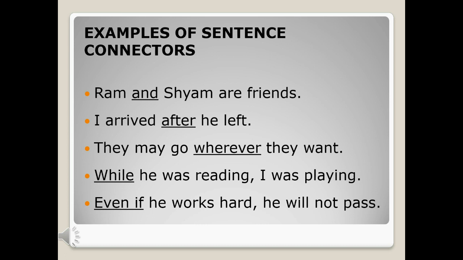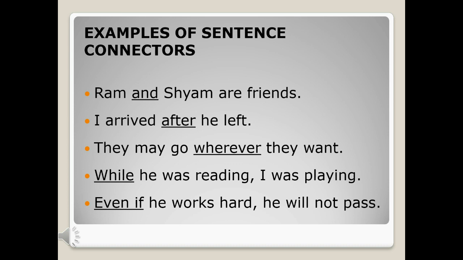Number 1. Ram and Shyam are friends. Number 2. I arrived after he left. Number 3. They may go wherever they want.